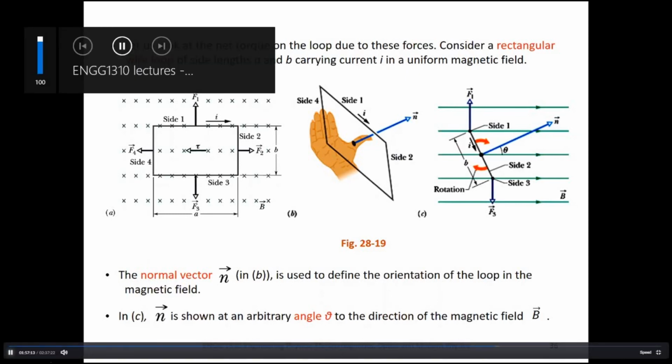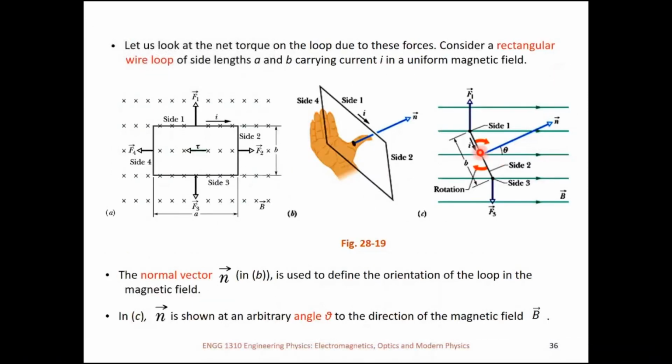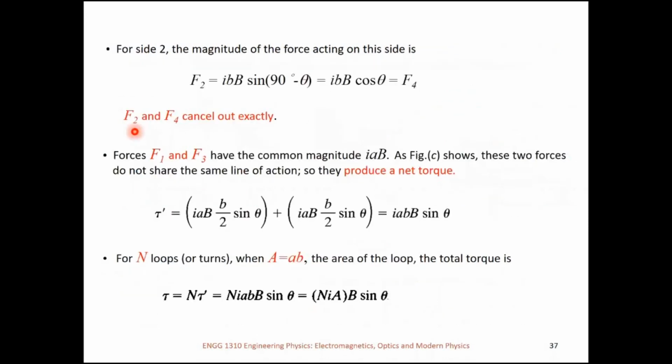They are actually at the same point, in the center of the line. You can see they are in opposite directions and in the same line. So we can directly say F2 and F4 cancel each other exactly, so these two will not make any torque.